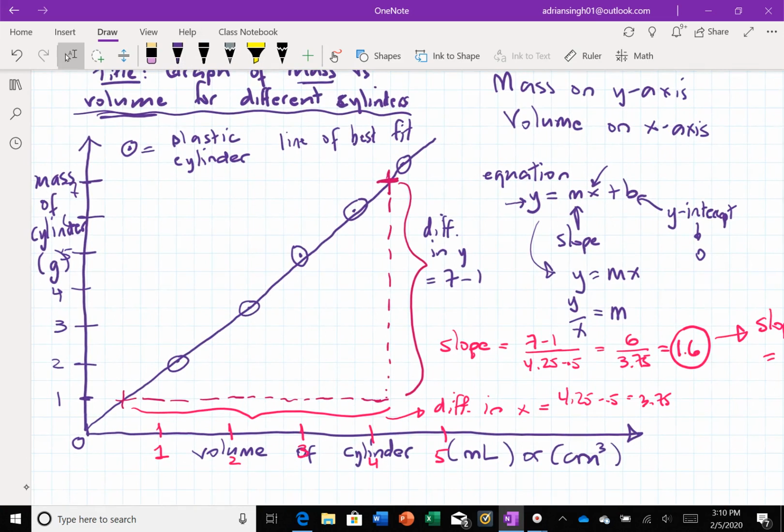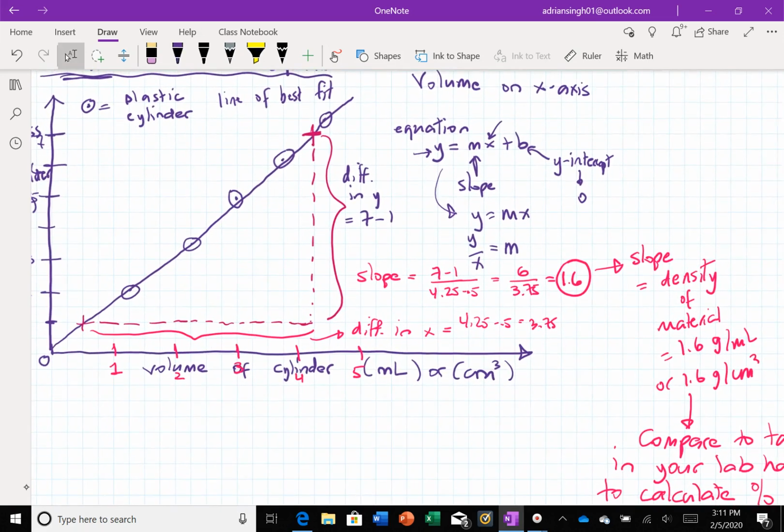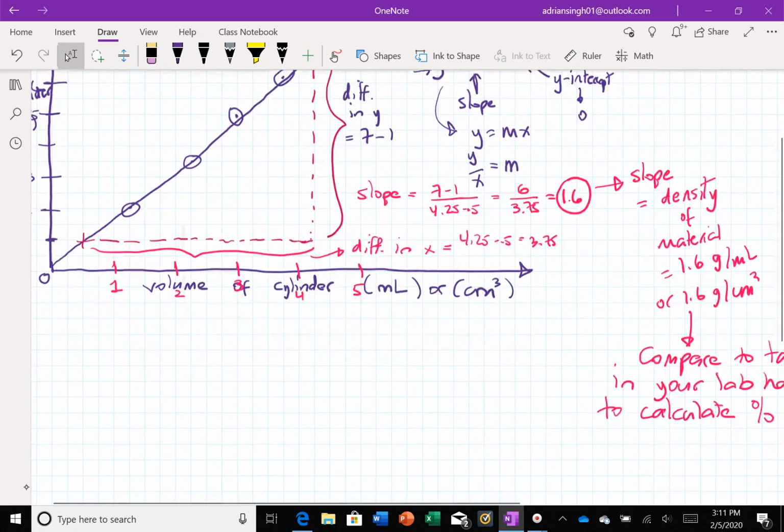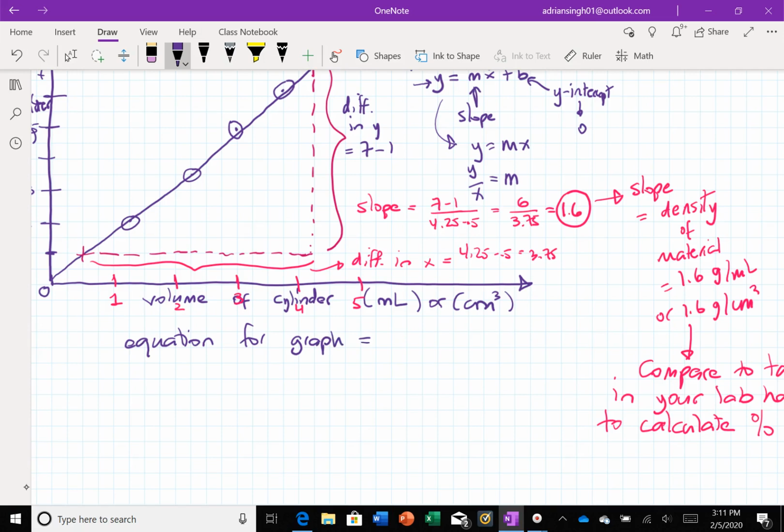So I've plotted all my data on the graph. I've generated my line of best fit. I've calculated the slope, and the slope of that graph is equal to the density of that particular sample. And then I can rewrite the equation for my graph now as y is equal to mx.